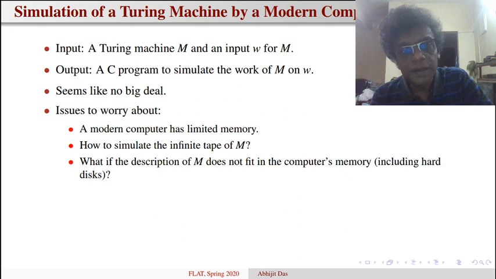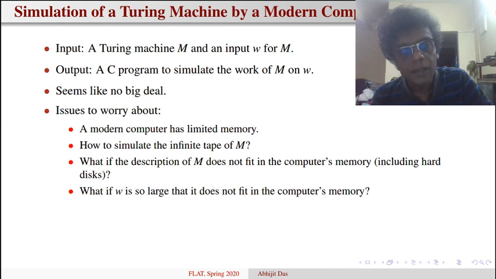And then the description of the Turing machine may be very, very huge, so huge that it does not fit in your modern computer's memory. If you include hard disk, everything, still maybe it's impossible to accommodate M. And likewise, W itself may be so large that it does not fit in the computer's memory.